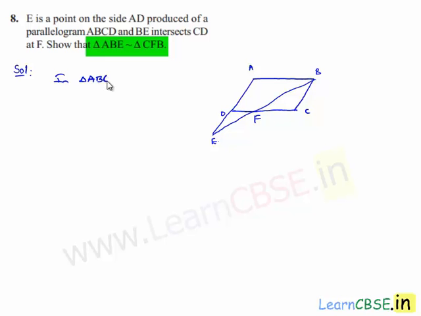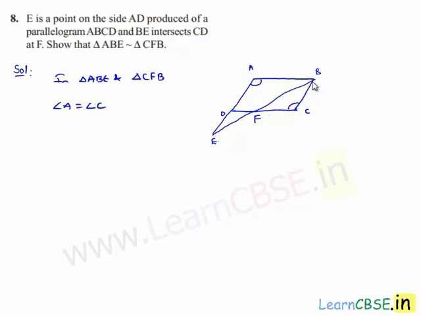That is, ABE is over here and CFB is over here. In this, angle A will be equal to angle C, as opposite angles in a parallelogram are equal.